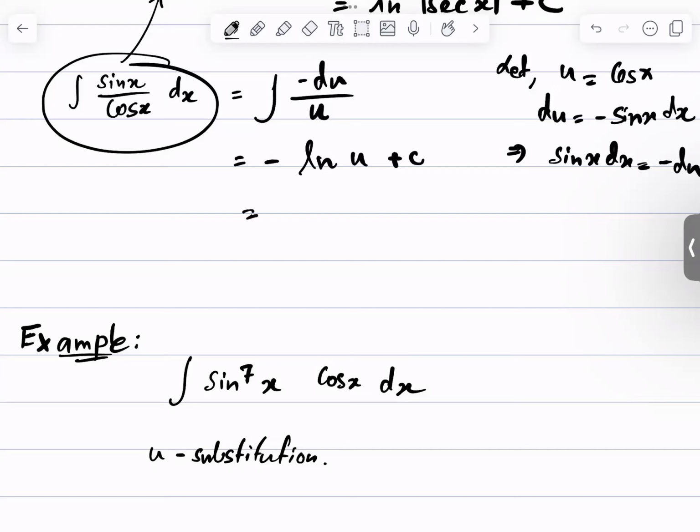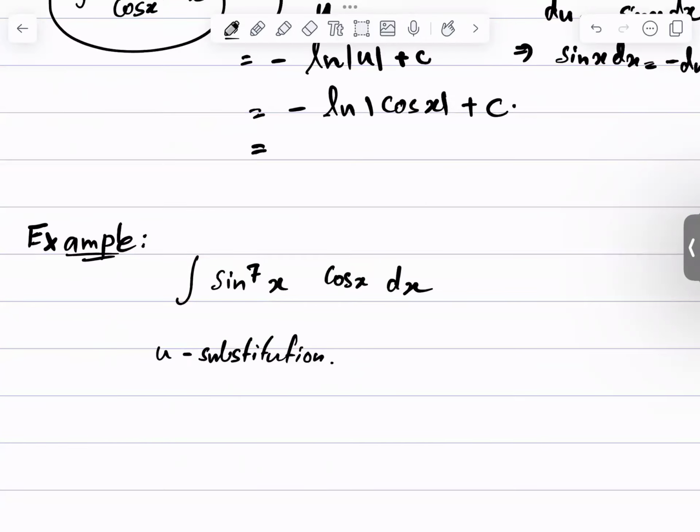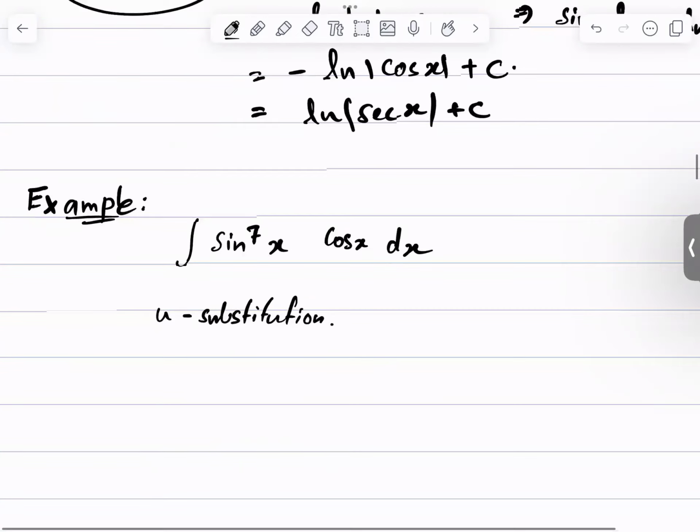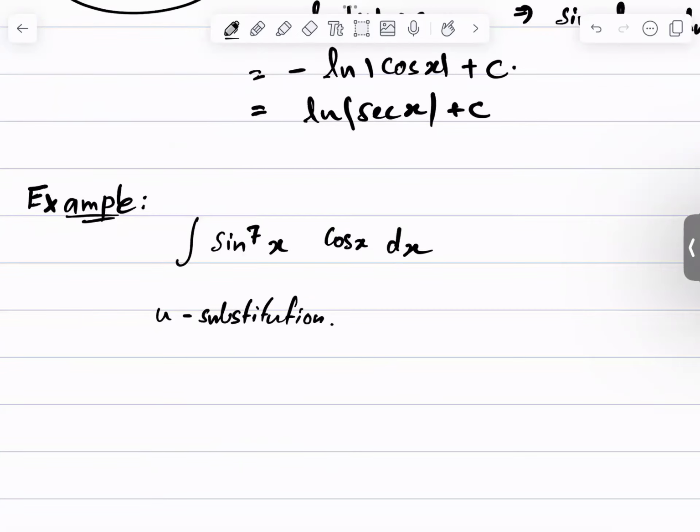Now u is cosine x, so minus ln modulus of cosine x plus c. And this is nothing but ln secant x plus c, by using the property of ln. So likewise, the other identities can also be proved.